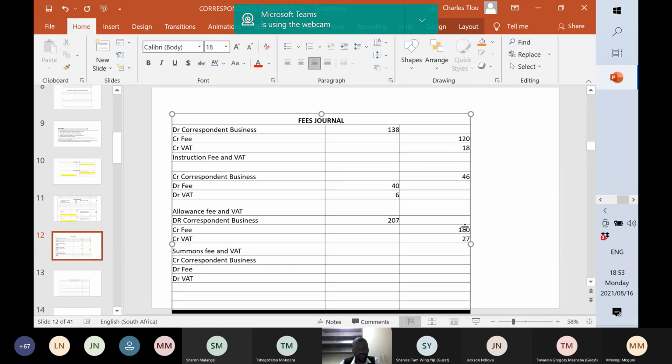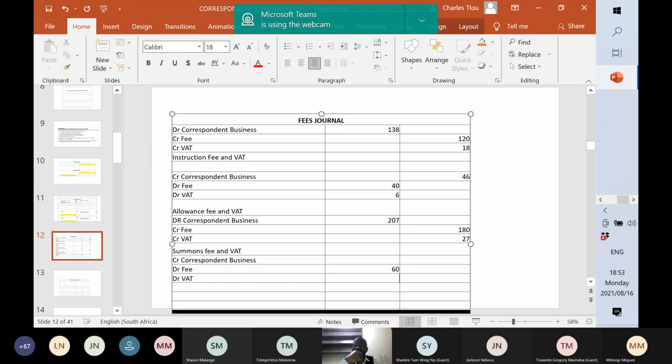What is the allowance of 180? What is the third of 180? 60, correct. 60 here, and then you say, what is the 15% of 60 rand?